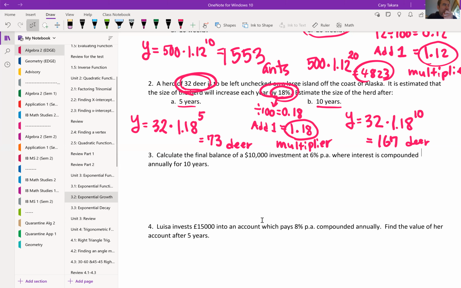So first step, I'm going to let you guys work on it first, all by yourself. Okay. So convert 6% into a multiplier form. How would you do that? You need to do two things. And then I want you to form the equation and then figure out the 10 years later value.